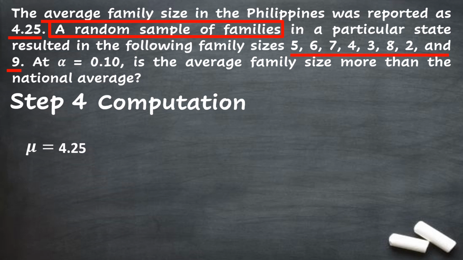So first, we identify how many samples we have, since that's the first thing that we can come up with, and that is 8 since we have 8 numbers available. And then for the sample mean and the sample standard deviation, we will compute it manually since it is not given directly.